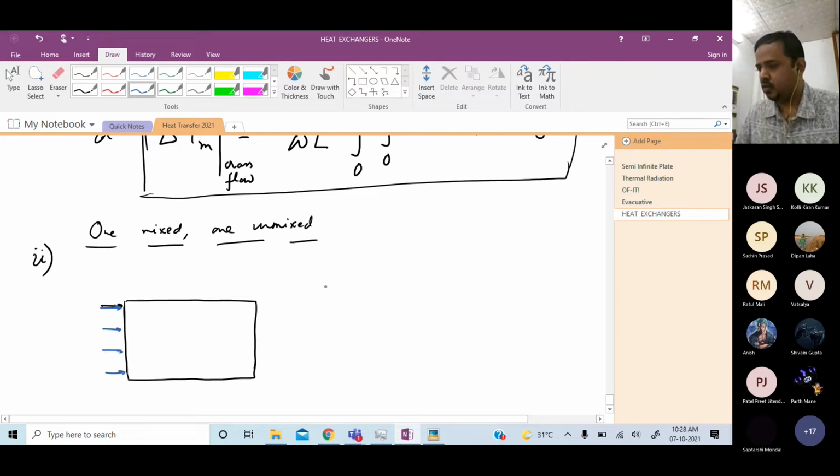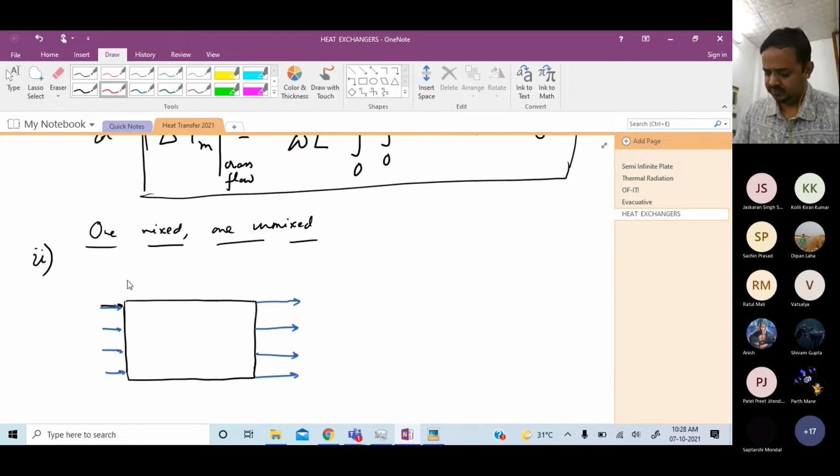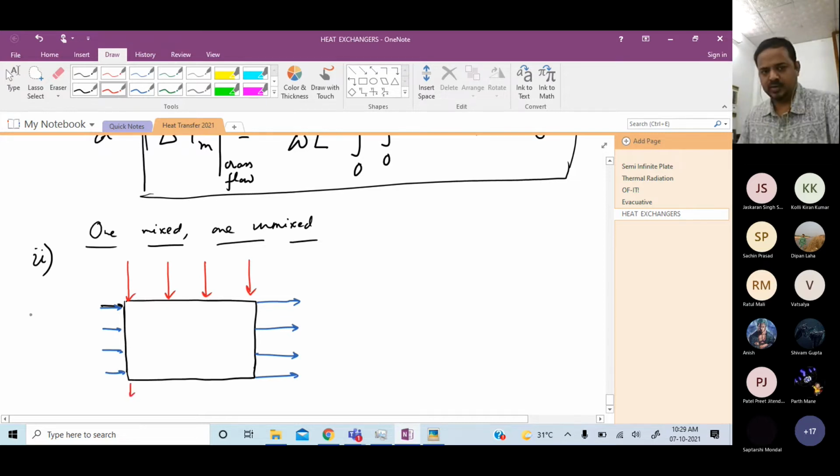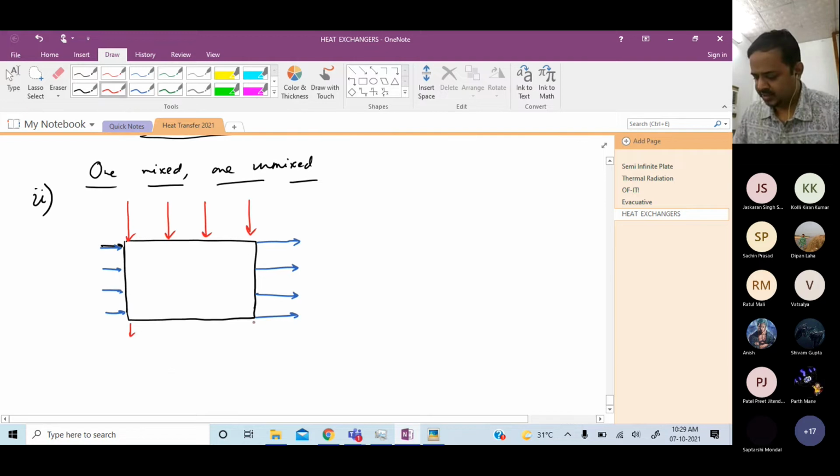So here we will say that the cold fluid is mixed. Therefore, it is going to heat up uniformly, because it's not like the fluid at the top is not interacting with the fluid below it. So they're all mixed inside. But the hot fluid will exhibit the same kind of behavior. It will cool down more at lower x and less at lower y.